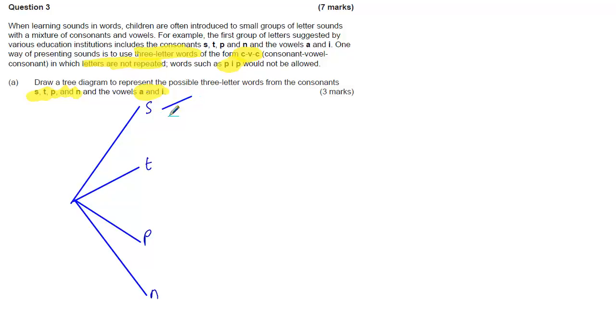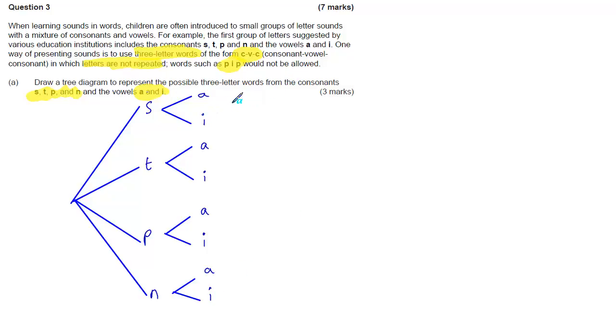So from here we can either have A or I. So this could be, say, A, I, A, I, A, I, A, I.